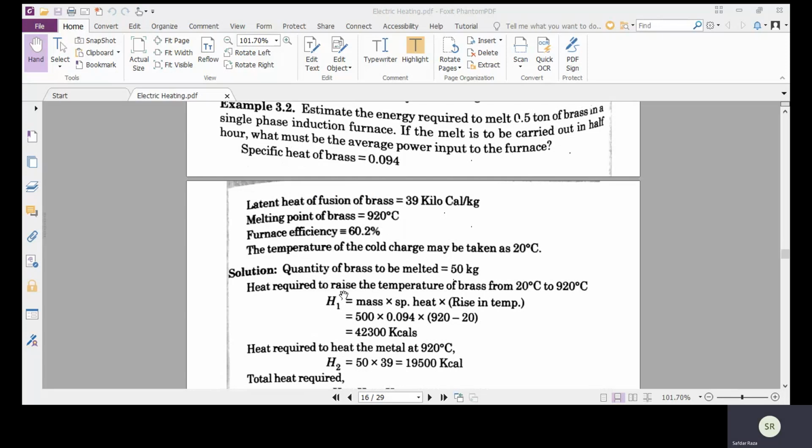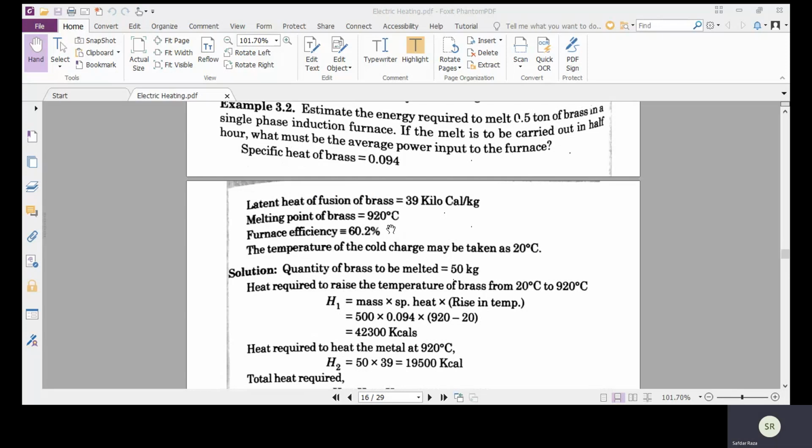Heat required to raise the temperature of brass from 20 degrees Celsius to 920 degrees Celsius is H1, equal to mass multiplied by the specific heat of brass multiplied by the rise in temperature. We know that the initial temperature is 20 degrees Celsius and the final temperature is 920 degrees Celsius.